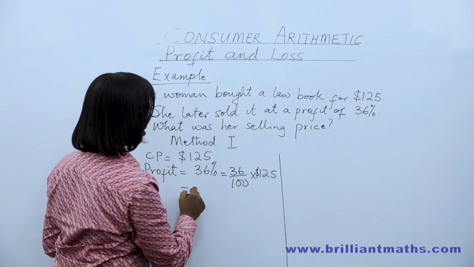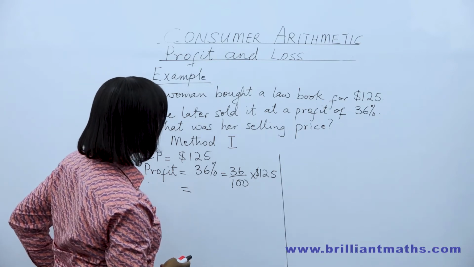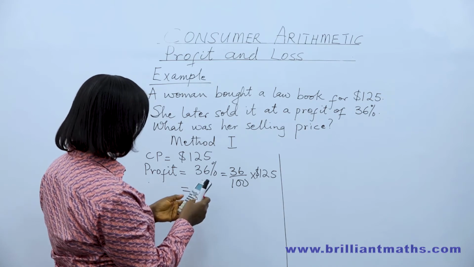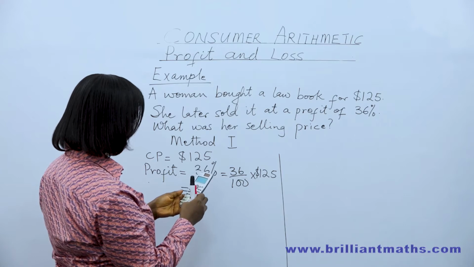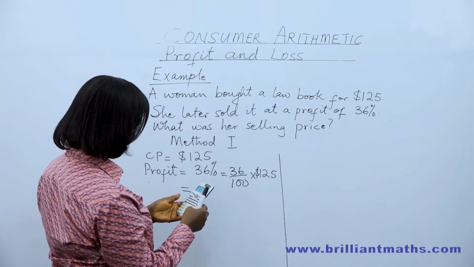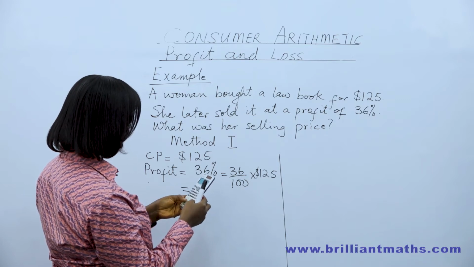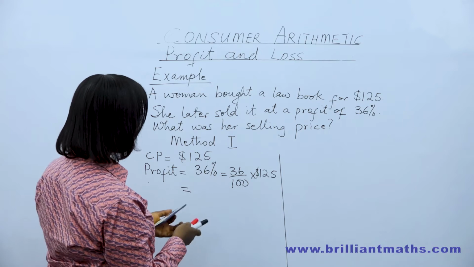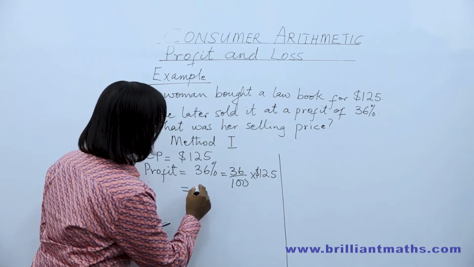And that would give me, I like to use my calculator, 36 divided by 100, and that is actually equal to 0.36 times 125, and that gives us $45. So that means that the profit is $45.